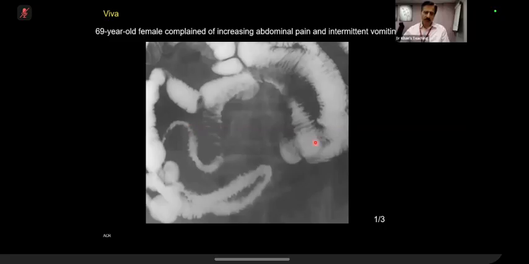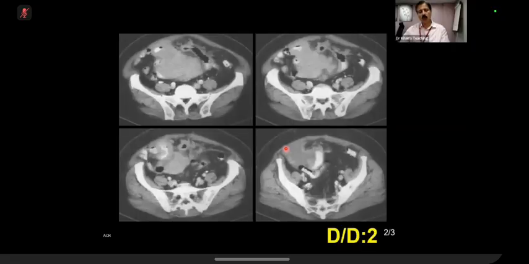Okay, and can I stop you there? This loop goes like this and then goes like this. Why do you think something can happen here? There could be a big mass sitting there, which could have displaced the bowel loops. Yeah, and causing displacement. What is this?